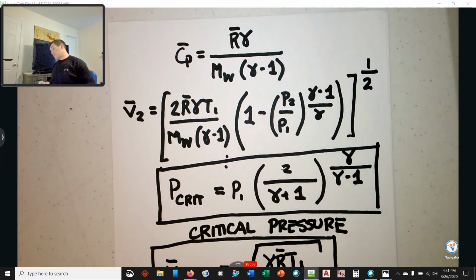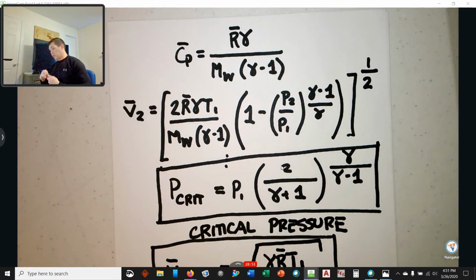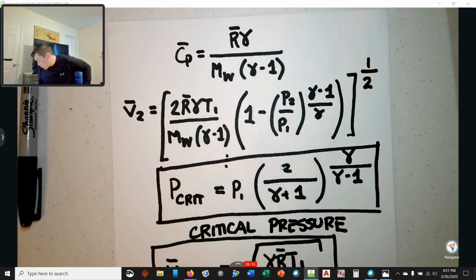So we see that we cannot exceed the speed of sound in a nozzle. No matter how much we try, we're not going to be able to surpass the speed of sound in a nozzle.